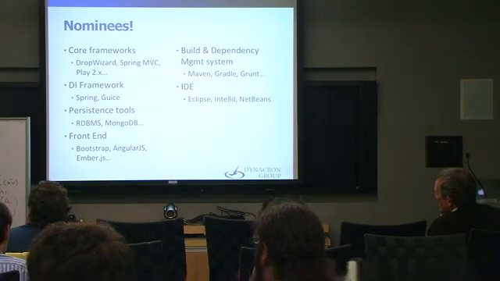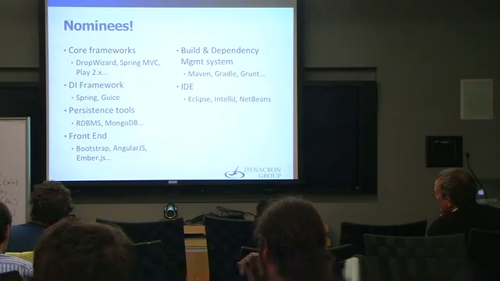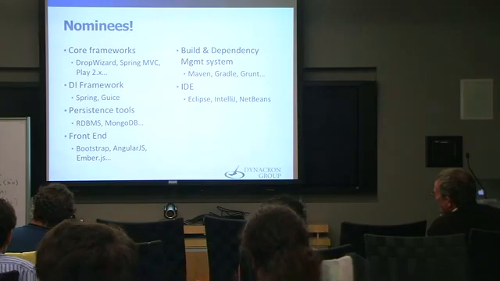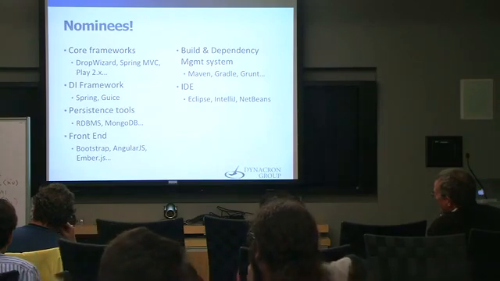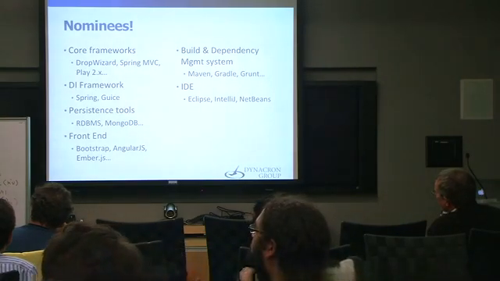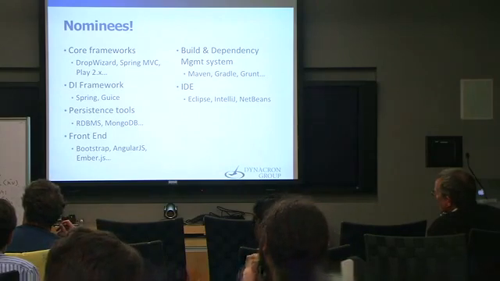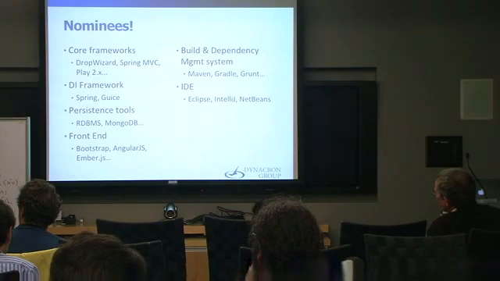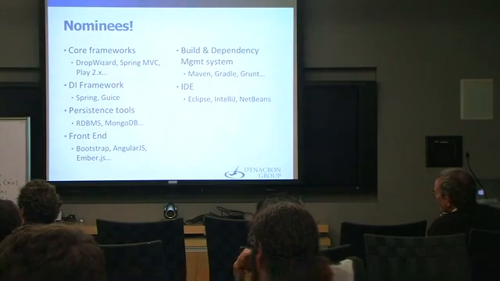CI: Jenkins, TeamCity, Bamboo. What's the one GitHub uses? I think Travis is one of a couple open source ones. I don't know anybody who's using them for professional work at this point because they're all CI in the cloud. It's still a little early.